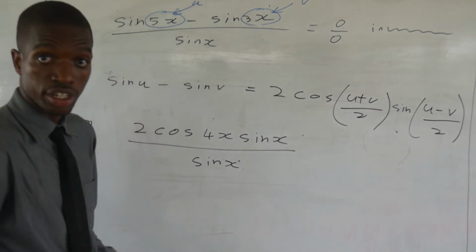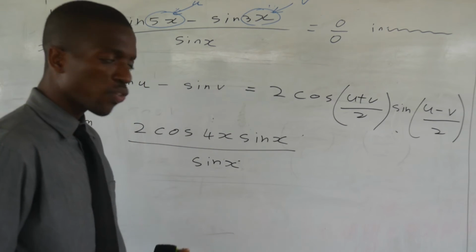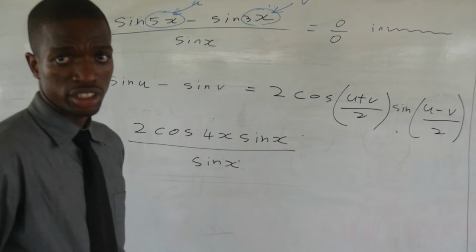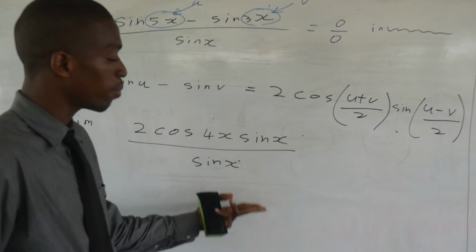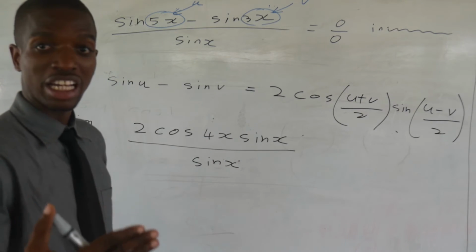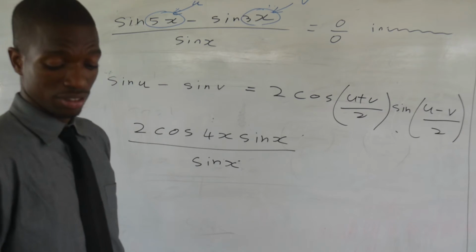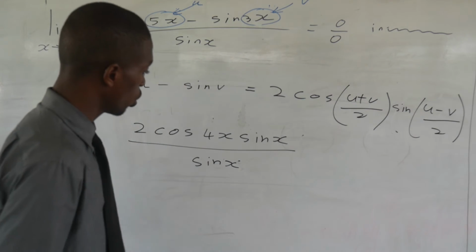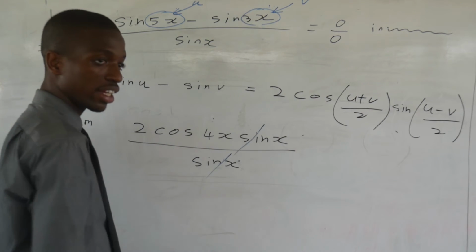Now what do we do here? Do we look for sine x over x and try to divide the top by x and divide the bottom by x, and you will get sine x over x, numerator and denominator, or you can just notice that you have a sine x and a sine x there and just cancel the two sine x's.